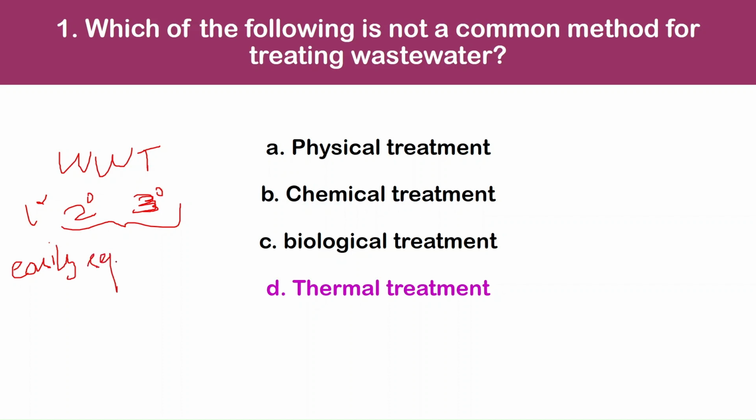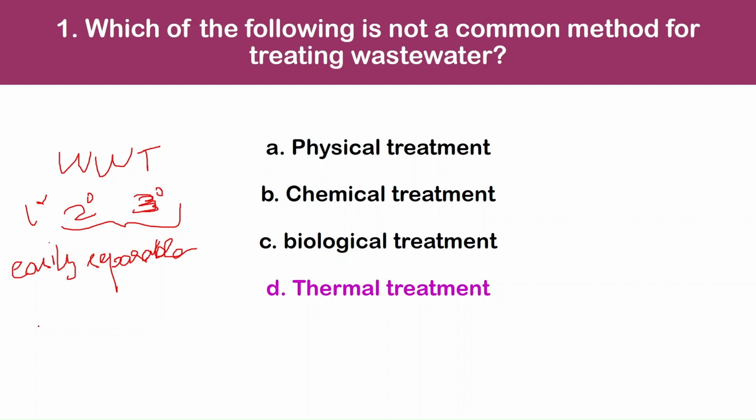So only easily separable solids are going to be separated. In treatment plants, we generally use a grit chamber, screens, primary settling tanks, etc. In a grit chamber, you have openings so that sediment can be settled or retained.